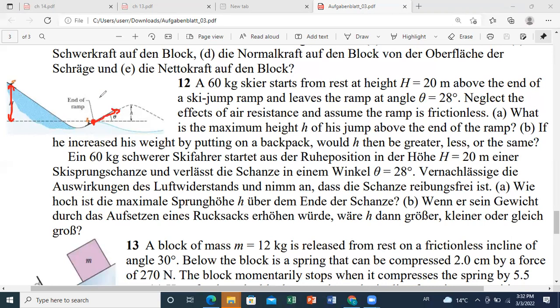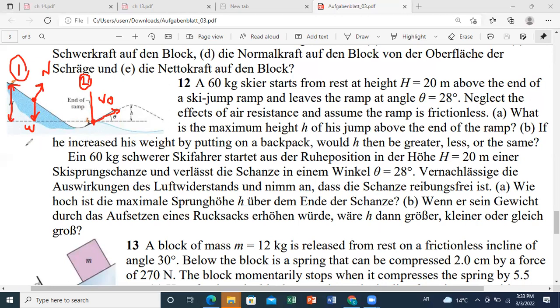So to determine the value of V0, you need to apply conservation of mechanical energy between state 1 and state 2. This will give you the value of V0. Here just gravitational force is doing work, because if you take the skier, you have the weight and you have the normal. The normal will not do any work from 1 to 2, so you just have the work of the weight.